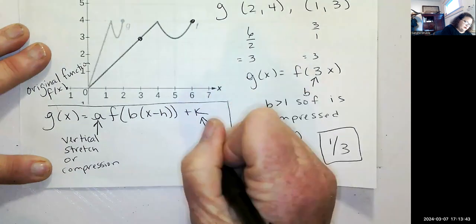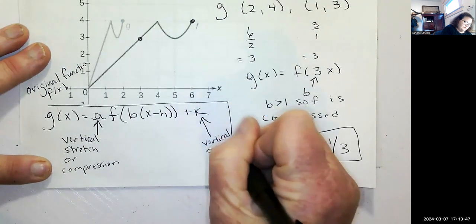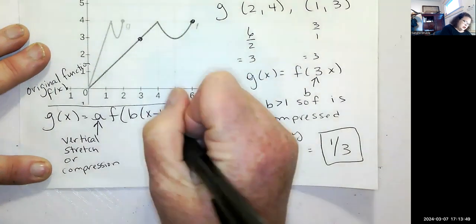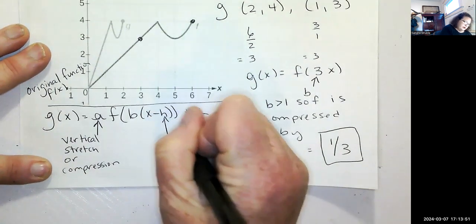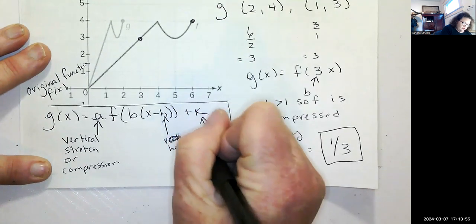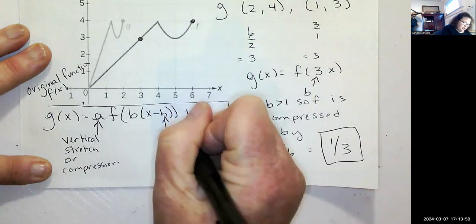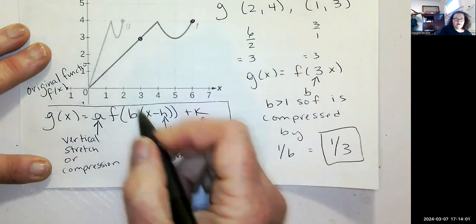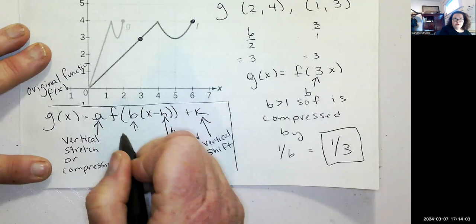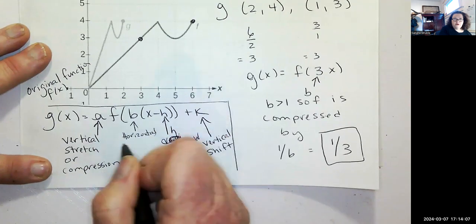K is a vertical shift. H is a horizontal shift, and that is H, not negative H, H. And then B is horizontal stretch or compression.